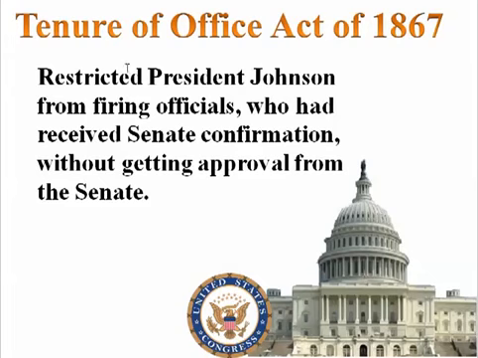Under the Constitution, once he's confirmed, under this law, the Tenure of Office Act of 1867, President Johnson could not fire someone who had been confirmed by the Senate unless he got approval from the Senate to fire them. So this law was meant to limit Andrew Johnson from getting rid of people who were pretty much Republicans of a radical nature.